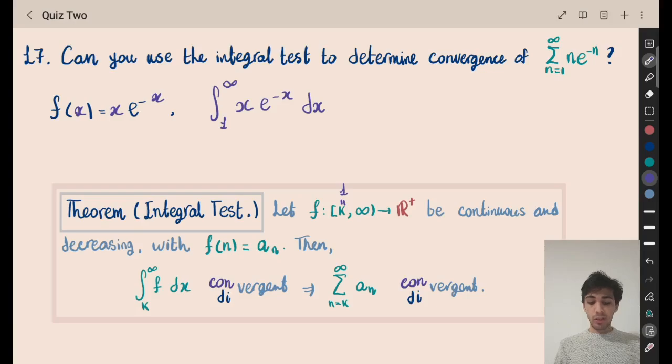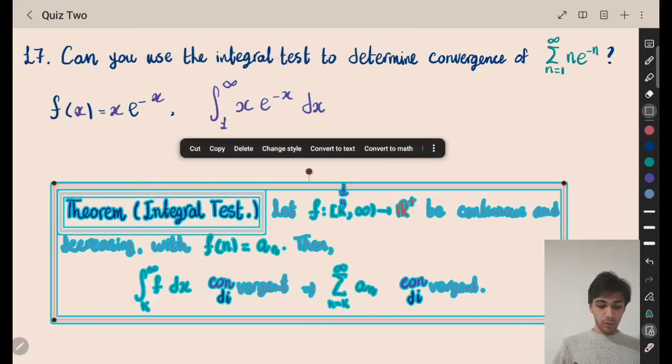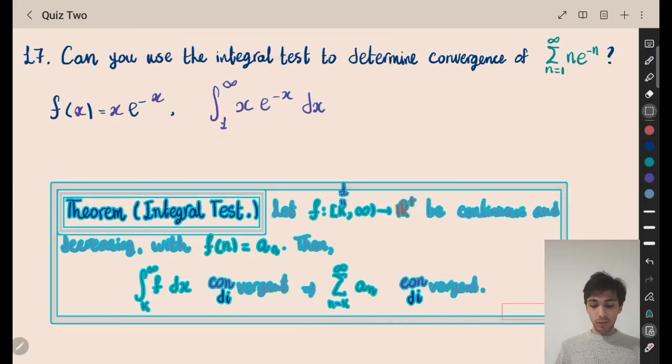There's actually something that we still have not checked, and that is whether the function is decreasing. So perhaps before I continue with writing the integral, or perhaps let me actually go on and compute the integral, and then we will check for the decreasing property of this function later on.